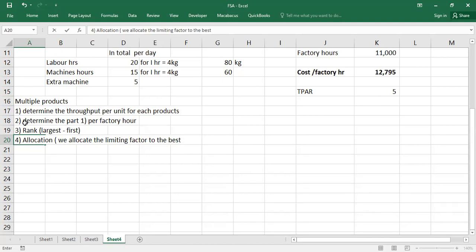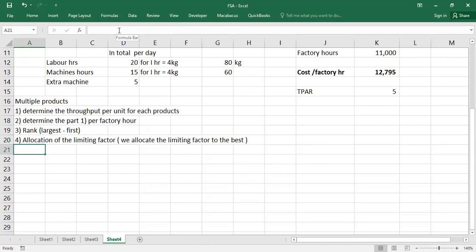I'll explain more as I do this. English will not come out well. So you allocate the maximum, or the limiting factor, allocation of the limiting factor, or the bottleneck, as we shall see.